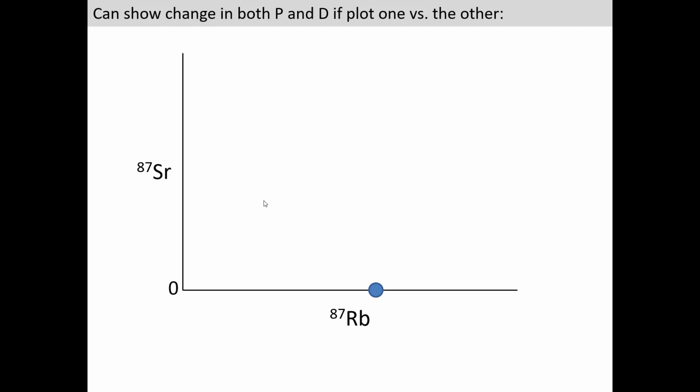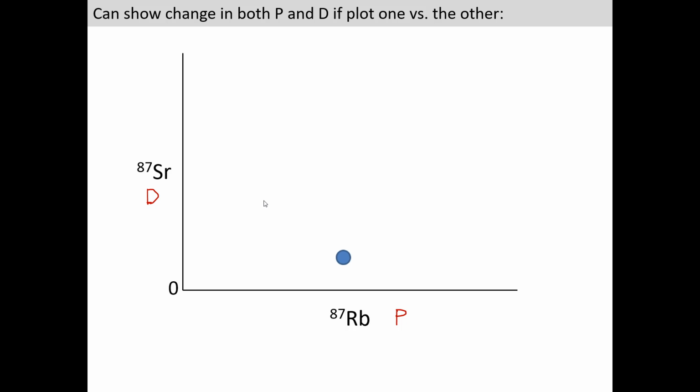Another way to show this on a different type of graph that loses a little bit of information but shows other kinds of information is to graph the radioactive parent here versus the radiogenic daughter here, and look at how that position would change with time. So initially it's the blue dot here, there is no radiogenic daughter, and as time goes by, we're going to increase the amount of radiogenic daughter and decrease the amount of radioactive parent.